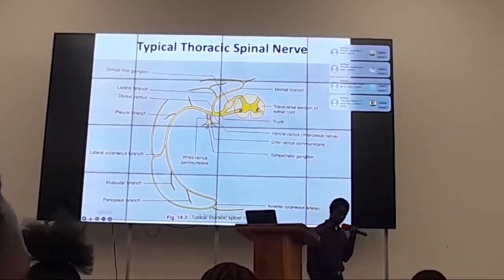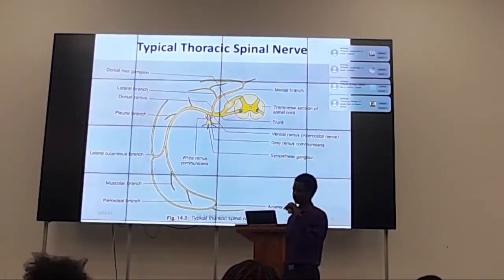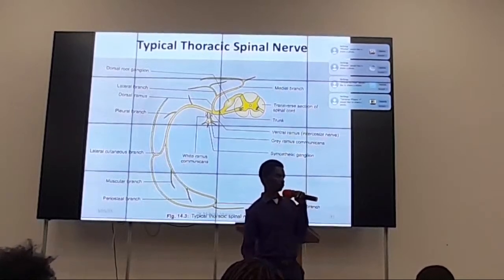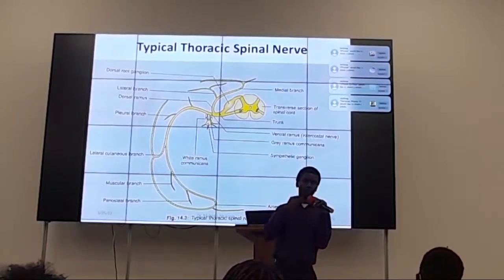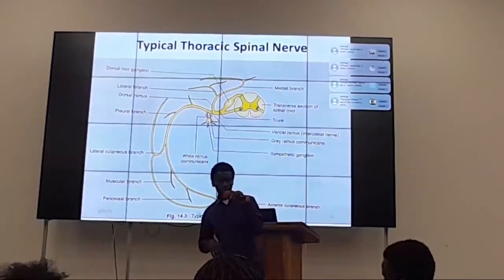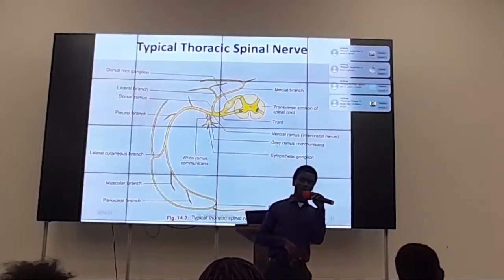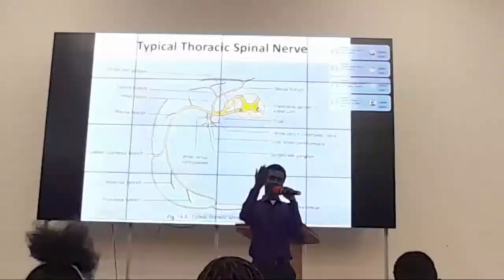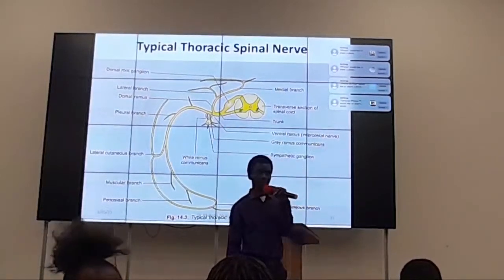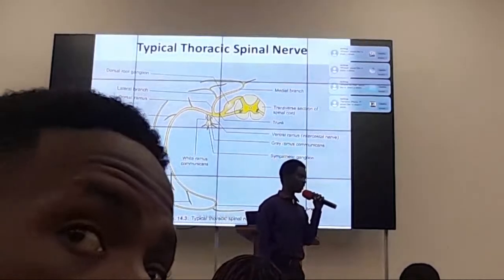What is a ganglion? I think we defined this last time. What is a ganglion? A cluster of cell bodies of neurons.